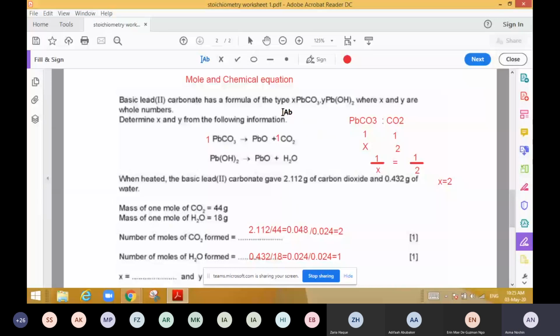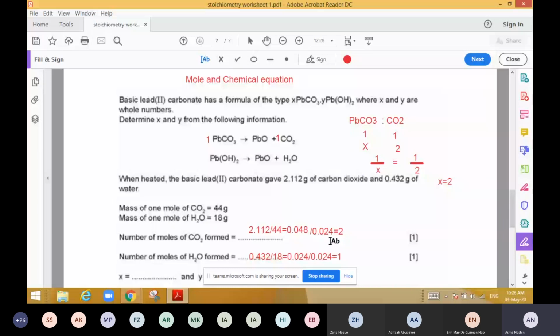Okay. Now, see over here, we need to find the number of moles for lead carbonate. So what did I do? I just put X over here because we have to find it out. And how many moles did you calculate for carbon dioxide? 2.